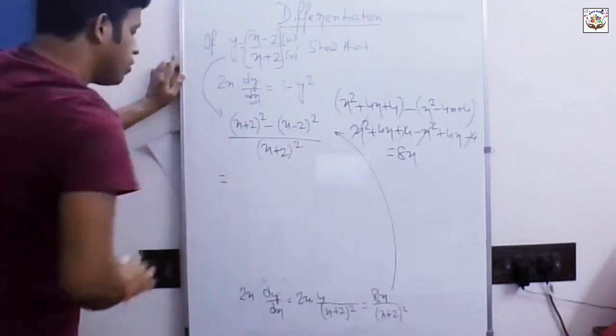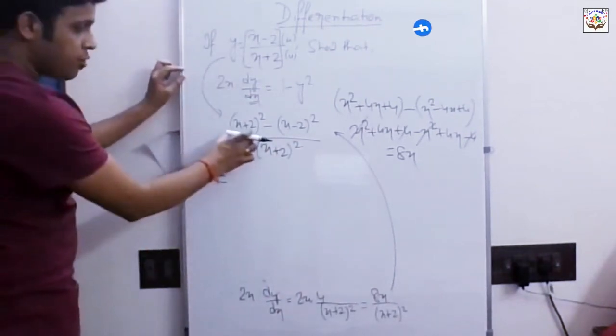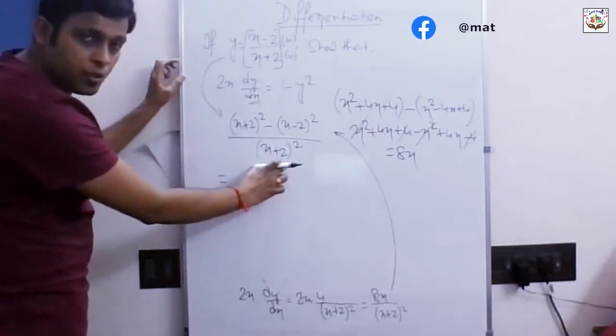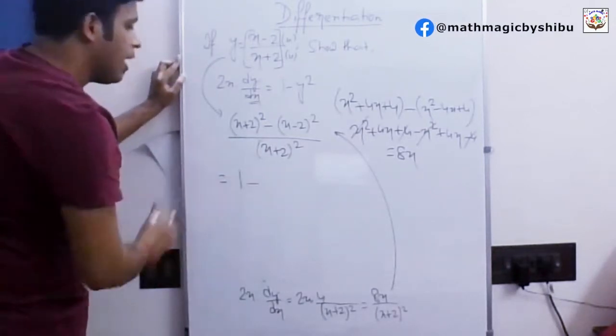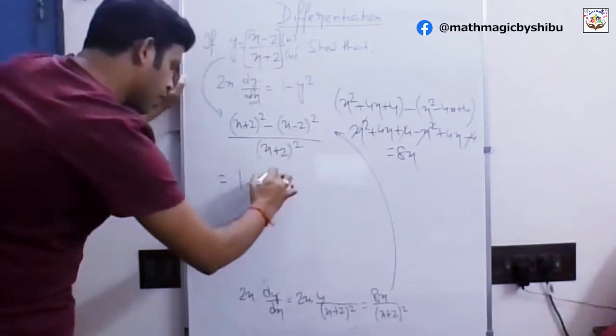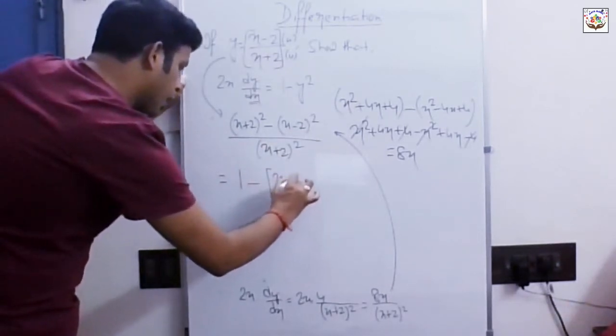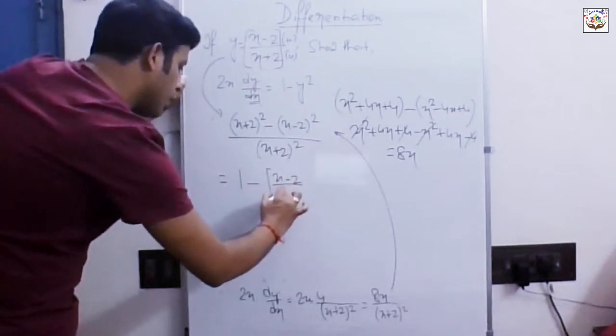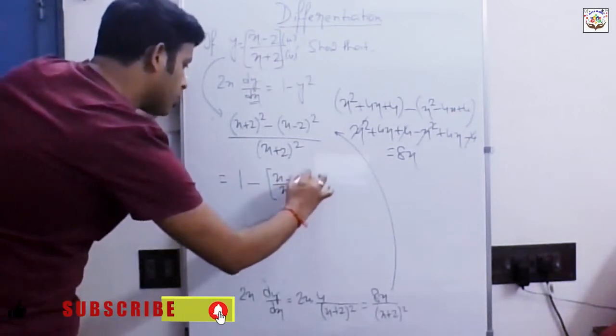Okay. So (x plus 2) whole square divided by (x plus 2) whole square will be 1, and (x minus 2) whole square divided by (x plus 2) whole square. So (x minus 2) divided by (x plus 2), whole square.